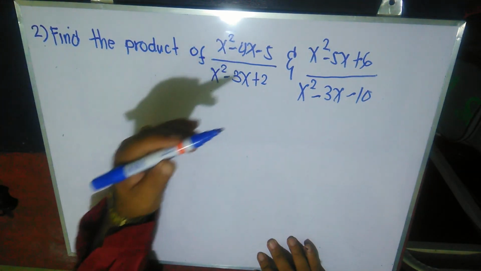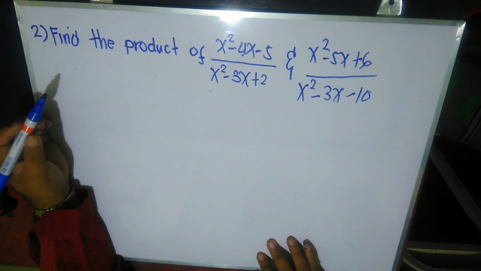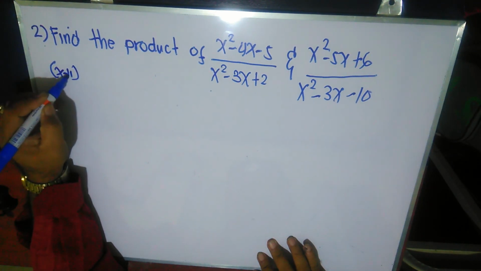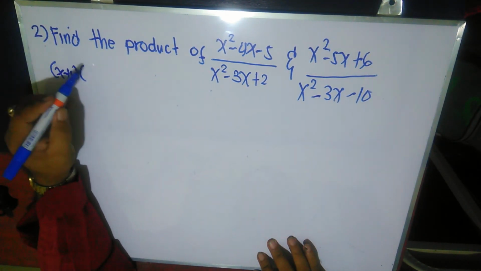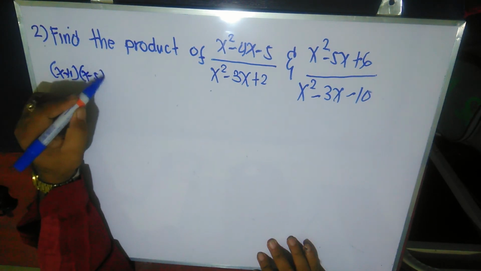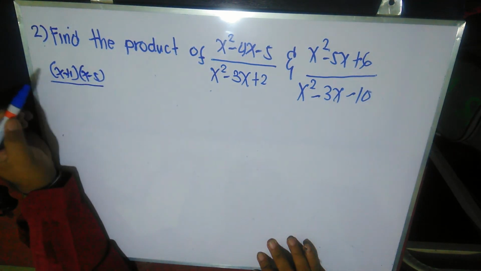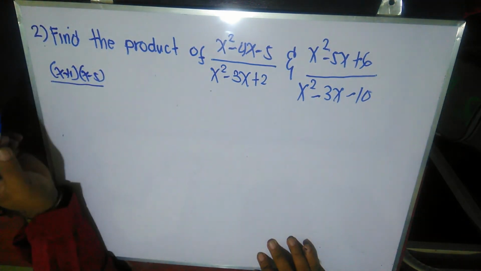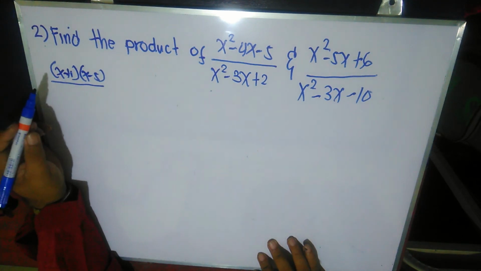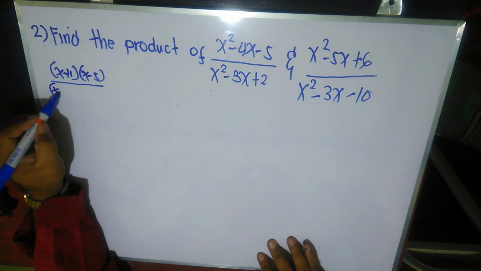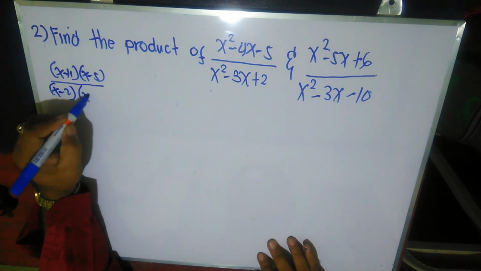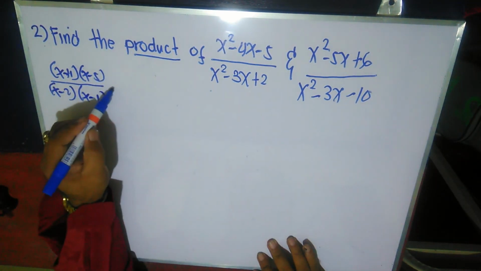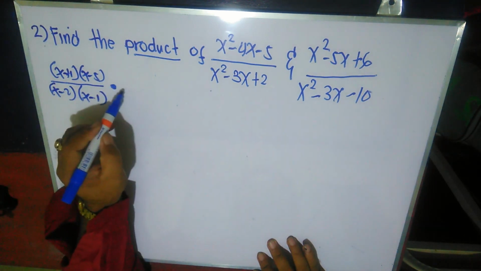So x squared minus 4x minus 5, the factor is x plus 1 times x minus 5, all over the factor of x squared minus 3x plus 2, which is x minus 2 times x minus 1. Since this is a product, that is multiplication.